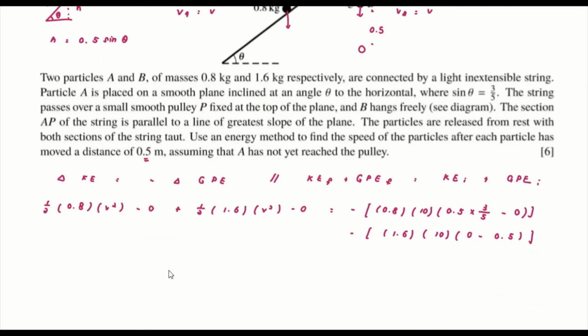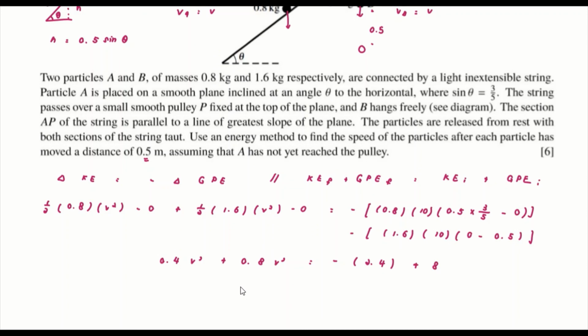We have 0.4 v squared plus 0.8 v squared, which is going to give us negative. In this case, 0.8 times 10 times 0.3, so that's going to be 2.4. Then minus this side, negative negative gives us positive, 1.6 times 10, 16 times 0.5, that's 8.